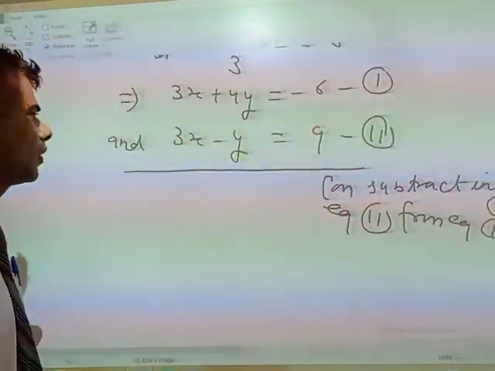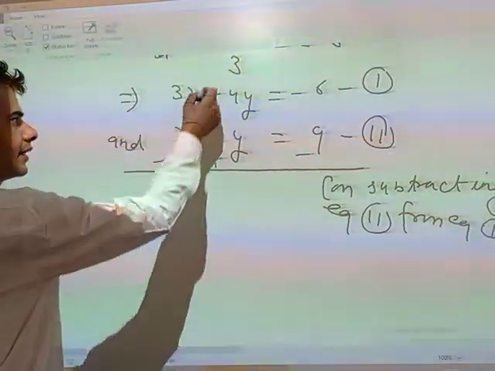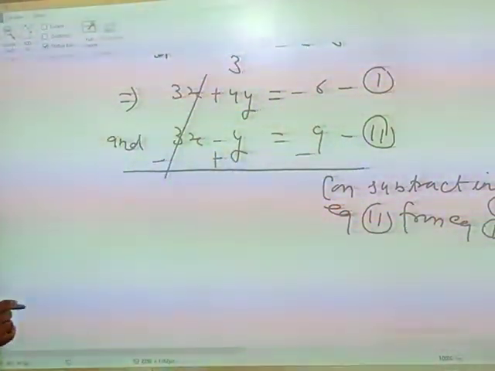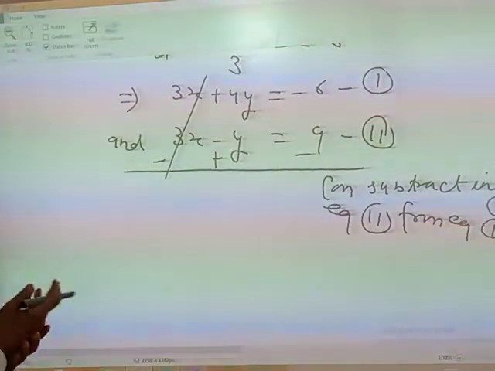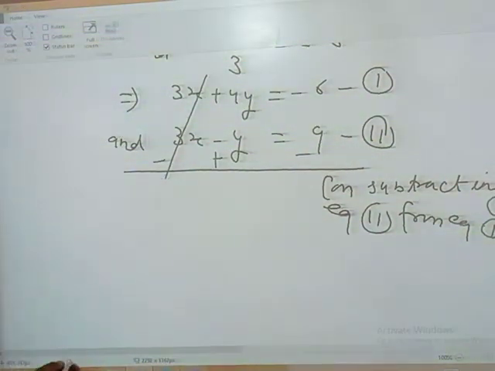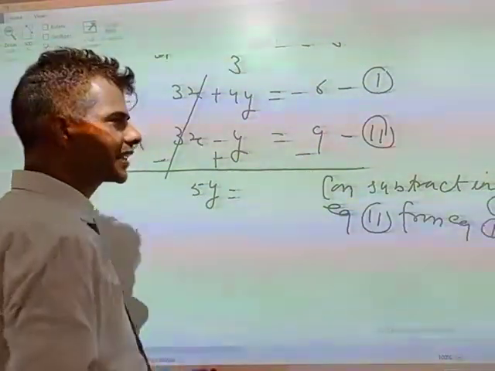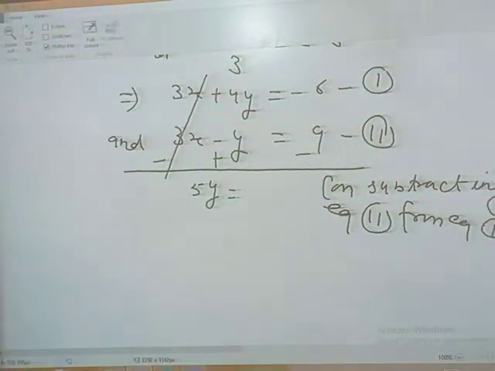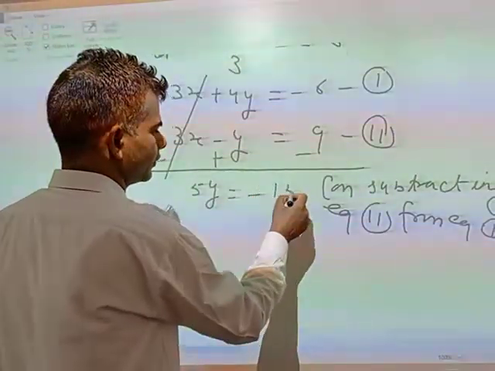Friend, any doubt, any problems? Sign change, that is cancel out. Plus 4y plus y, 5y. Now student, minus 6 minus 9, minus 15.